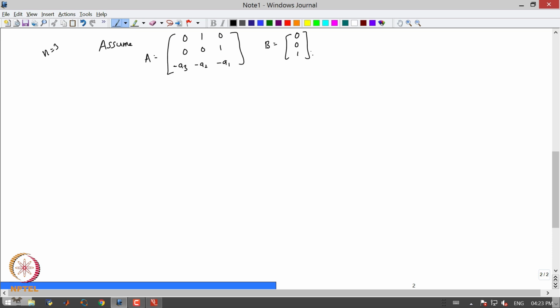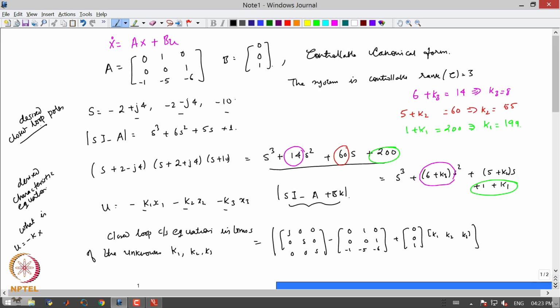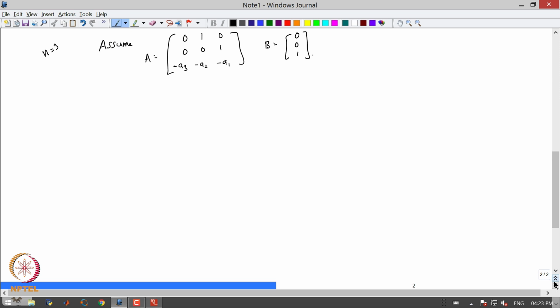Now, what do I know? I know the closed loop poles, so the same steps as before. I know the desired poles, let them be at some arbitrary mu1, mu2 and mu3, such that S minus mu1, S minus mu2, S minus mu3 expands to S^n plus alpha 1.